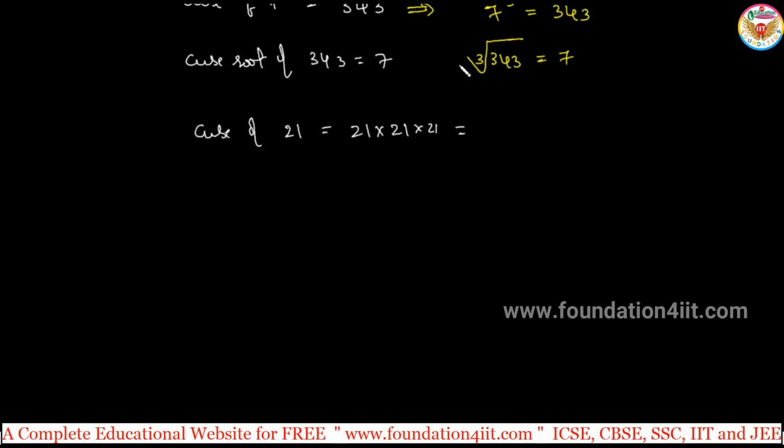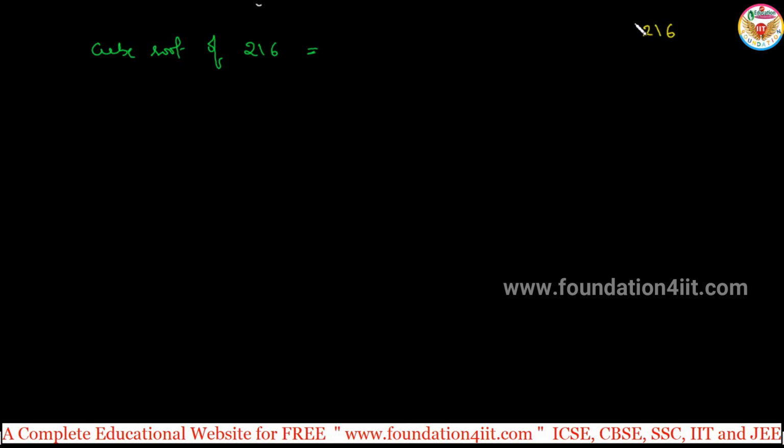Let us see one example. We already know prime factorization, and the same technique will apply. What is the cube root of 216? We need the number which, multiplied 3 times, gives 216. That number is the cube root. So instead of guessing one by one, we'll go for the prime factorization method.